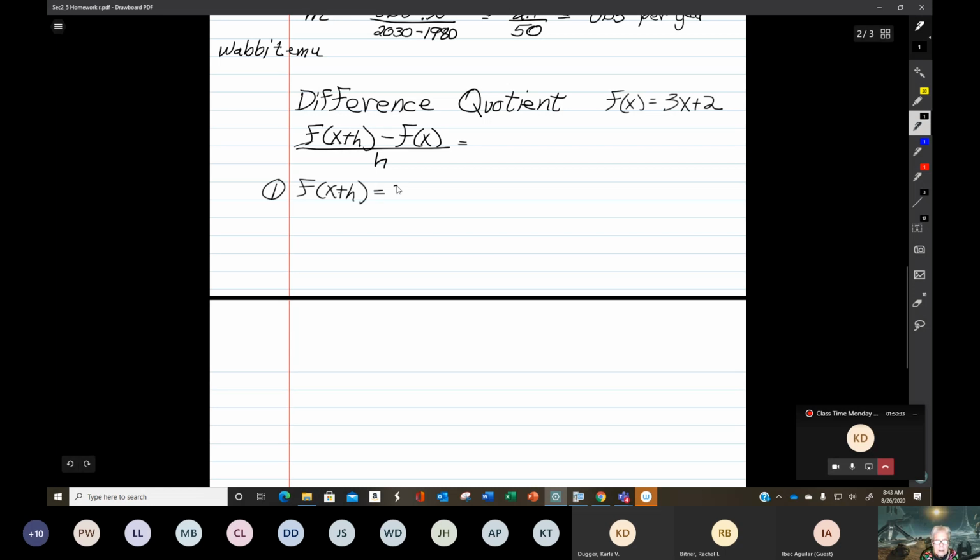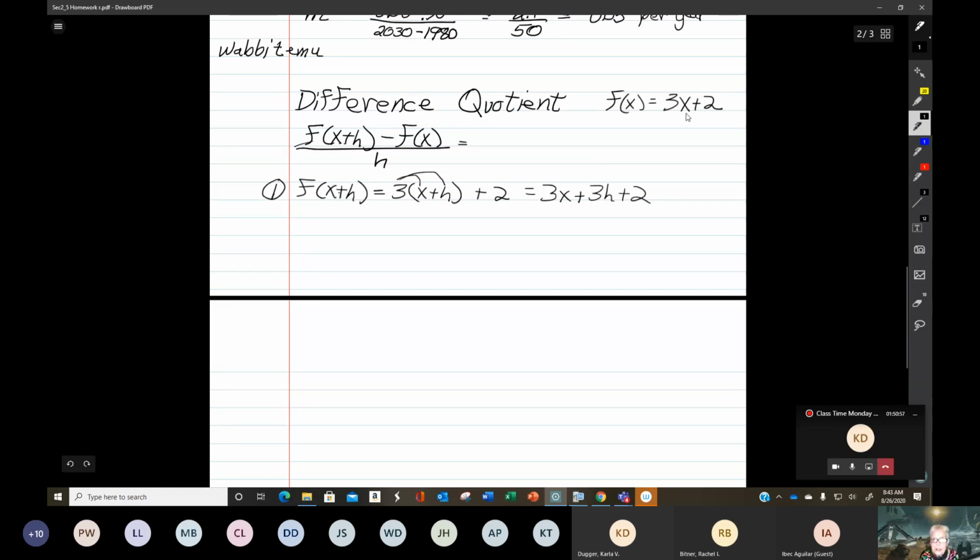So we're going to have 3 parentheses, x plus h, plus 2. I'll distribute the 3, so that will be 3x plus 3h plus 2. I'm done. That's all there was to it.